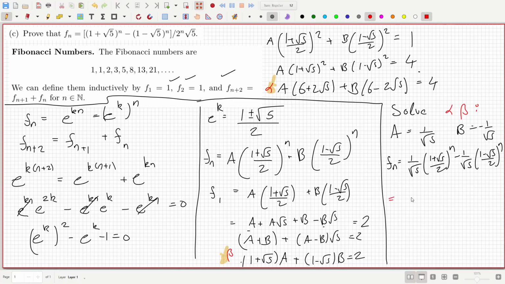So that'll be 1 over, take out the 2 power n and the root 5, and I'd be left with 1 plus root 5 power n minus 1 minus root 5 power n, divided by that. Yeah. So that's correct.